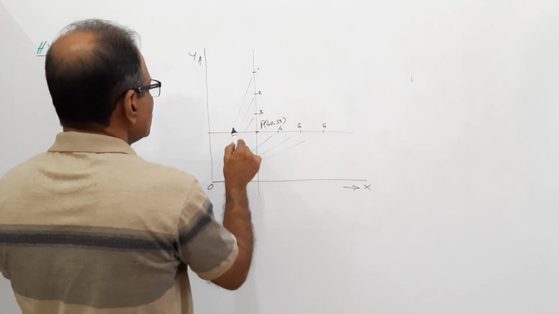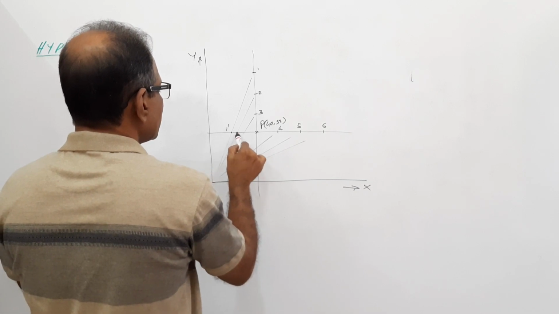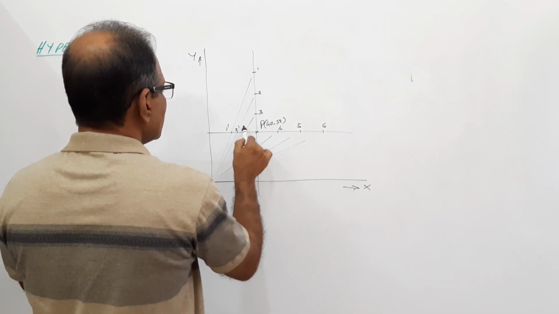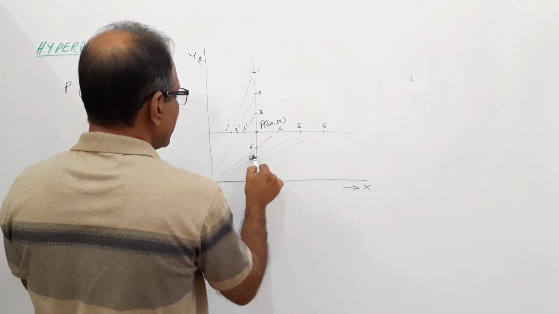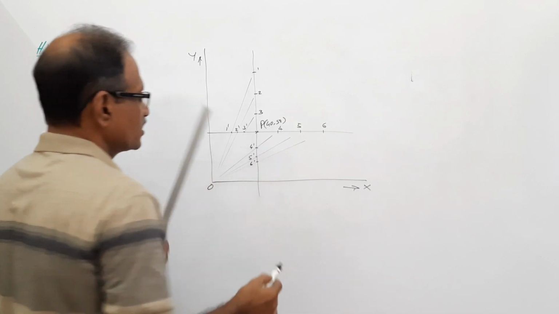What do you get? I get 1 dash here, 2 dash here, 3 dash here, 4 dash here, 5 dash here, and 6 dash here.